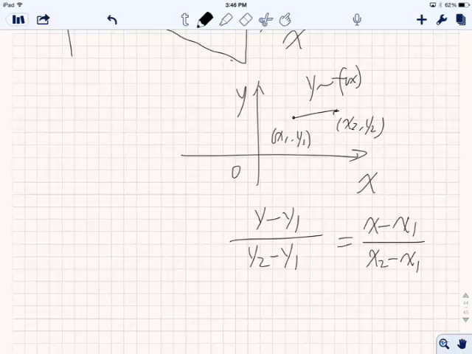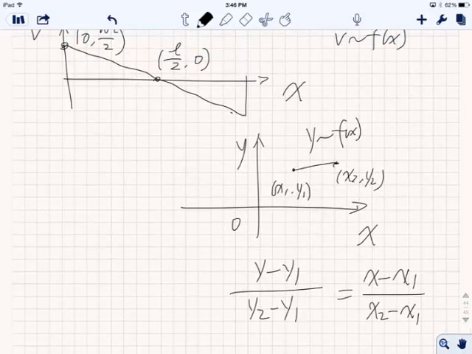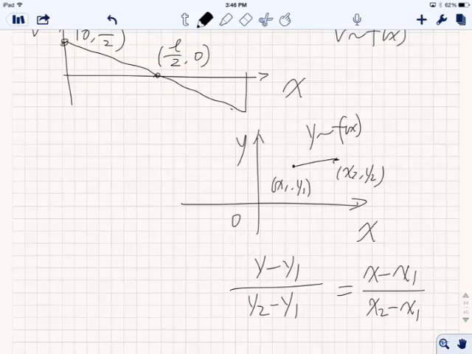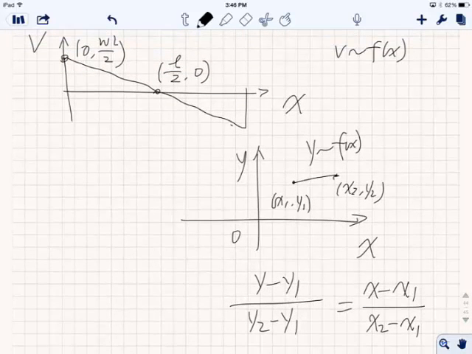So you have 2 points. This is how you find it, right? Remember this? Yes, right? Okay. So, all right, we can do the same thing for this.